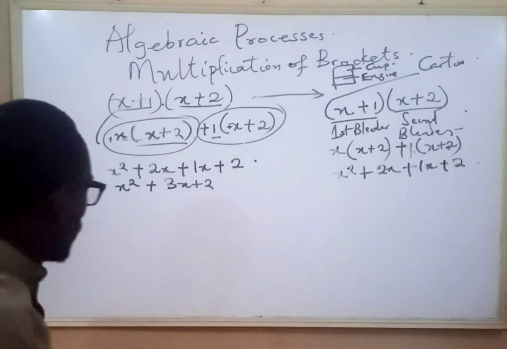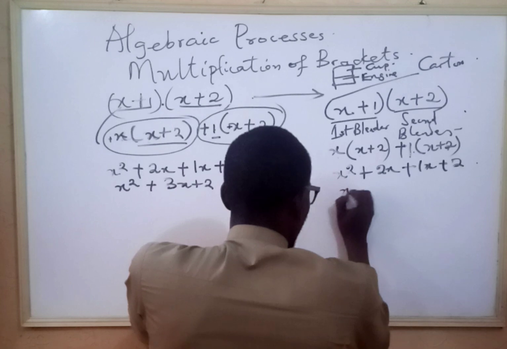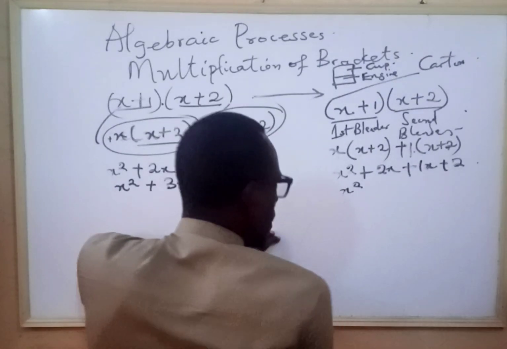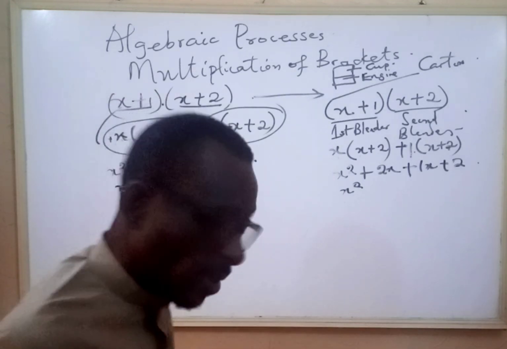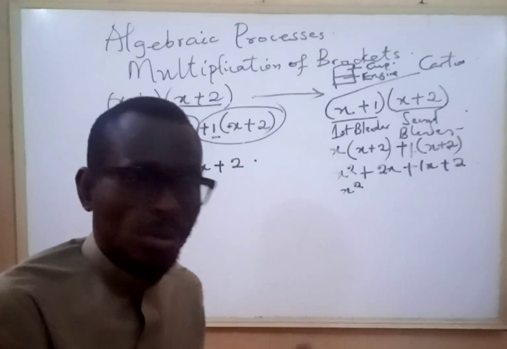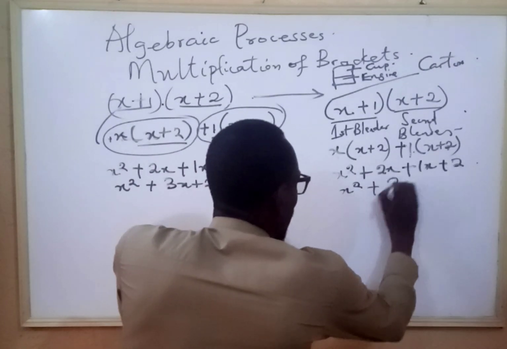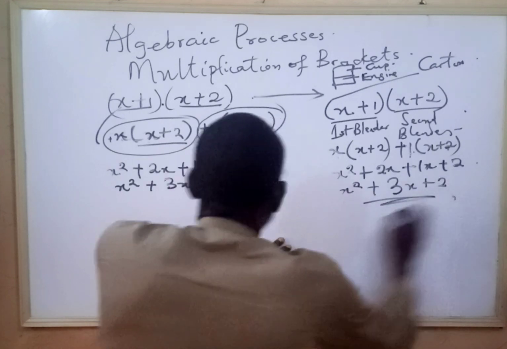Collecting the like terms is what we have done here. Now, collecting the like terms, s squared is not a like term; it stands on its own. 2s plus 1s simply means that you have 2 naira in a box and another 1 naira in your car. Bringing the two together, we have a total of 3 naira, so 3s plus 2.